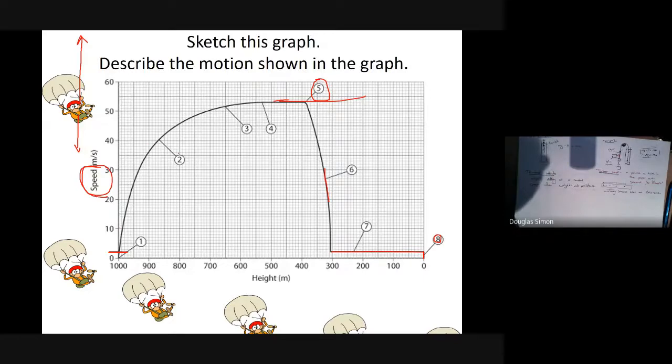If we look at 2, what's happened to the size of that resultant force? Decreases. At 3 and 4, it decreases. And then in this section here, which I suppose is between 4 and 5, what is the size of the resultant force? All right, good.